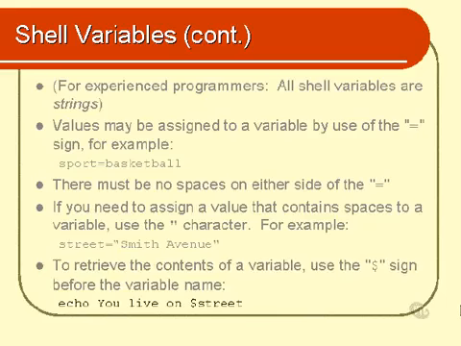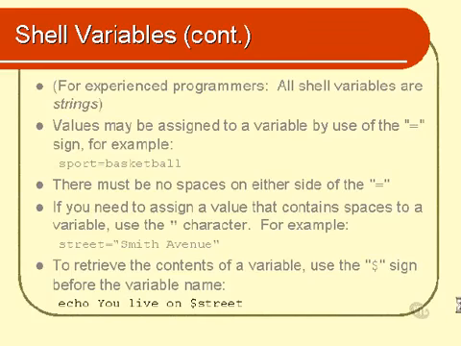Here, using the street example just prior, we can say "you live on $street". Now if Smith Avenue was in the box called street, then what we would see on the screen would be: you live on Smith Avenue.